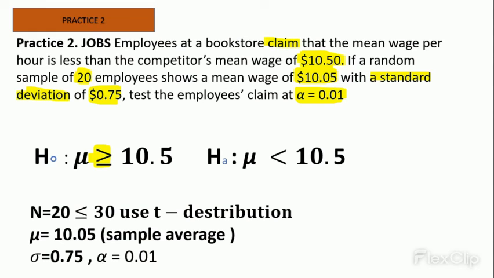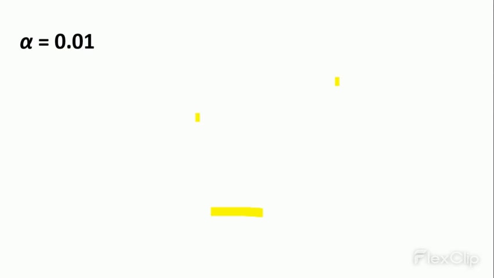Alpha is 0.01, and it will be left tail because the alternative is less than. The degrees of freedom is n minus 1, which is 19, and using the table the critical value is 2.5395, approximately 2.54.